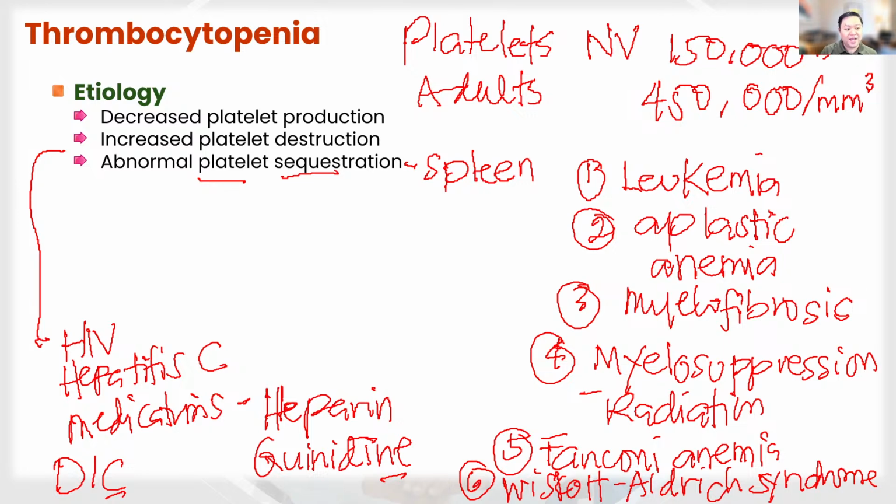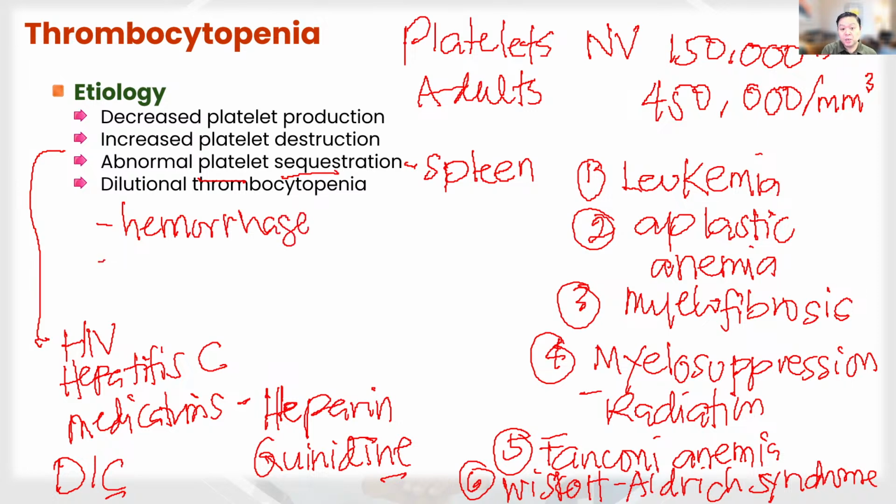Now, another contributory factor in thrombocytopenia is what we call dilutional thrombocytopenia, wherein it can be caused by significant hemorrhage, let me just write that down first, hemorrhage, or packed red blood cell transfusions, wherein the relative concentration of the platelets in circulation will decrease, right?